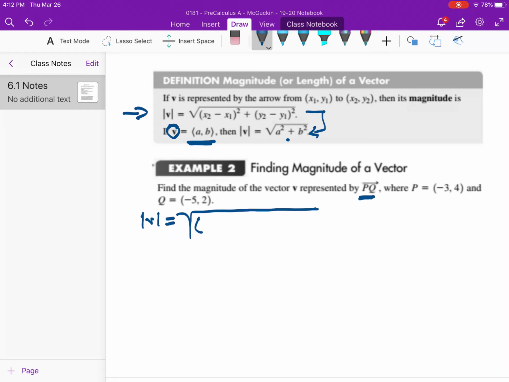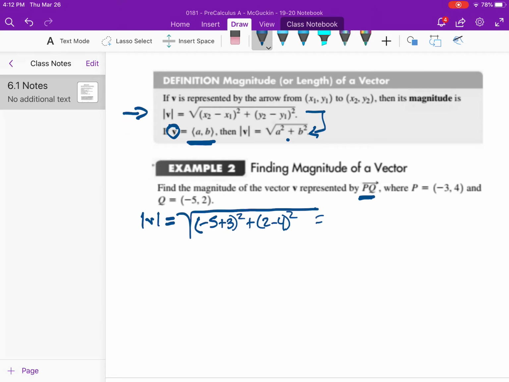If that's the case, our x2, Q, is our terminal point, right? Q is our terminal point. So we're going to have -5 minus -3, which turns it positive, quantity squared, plus 2 minus 4 quantity squared for the change in y.